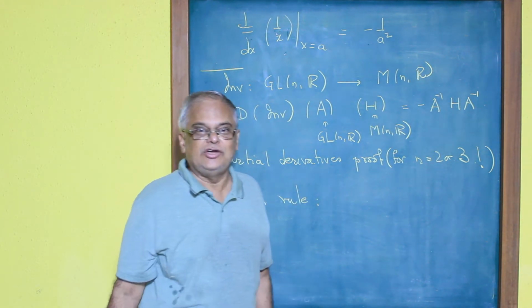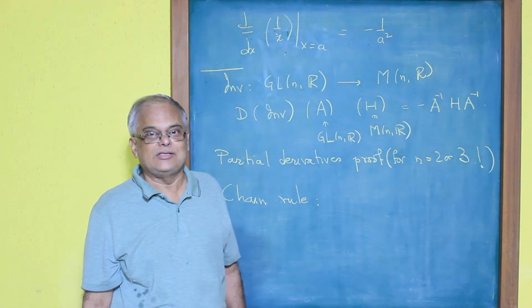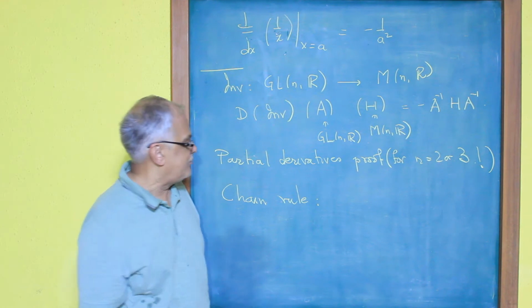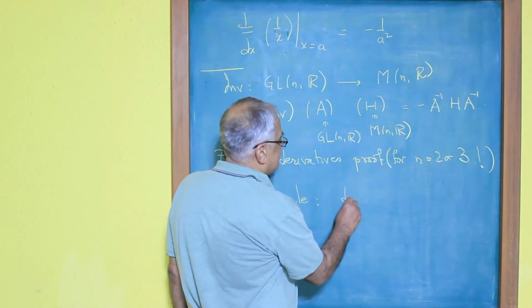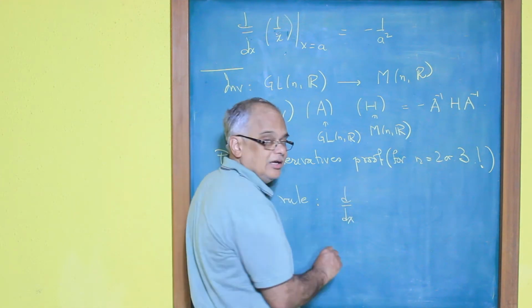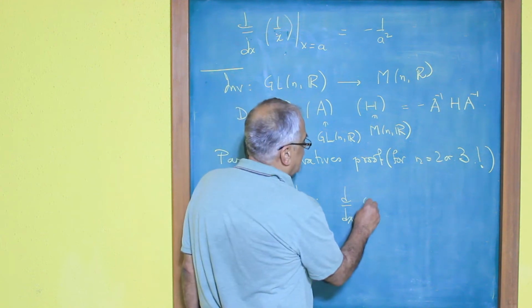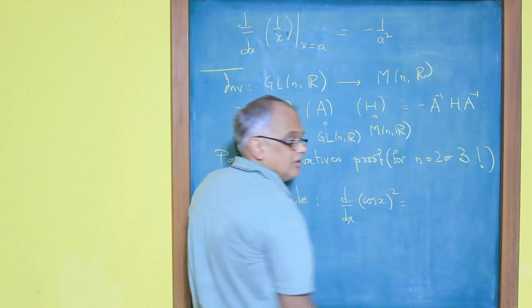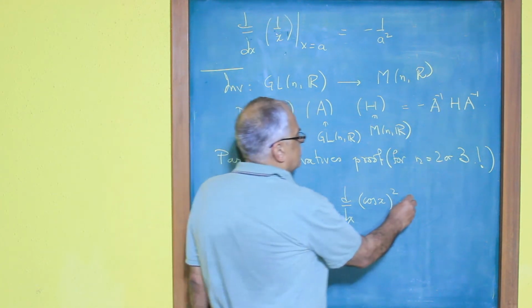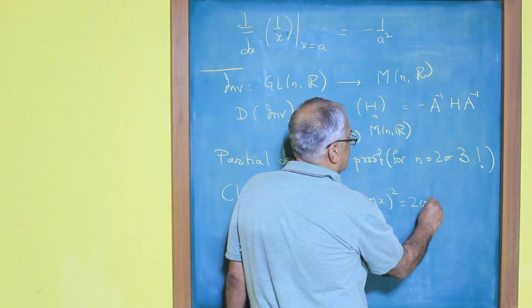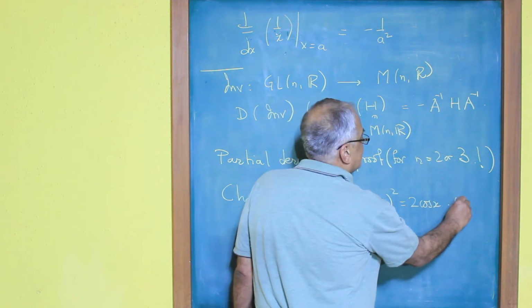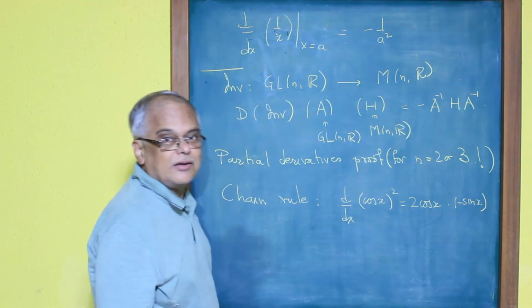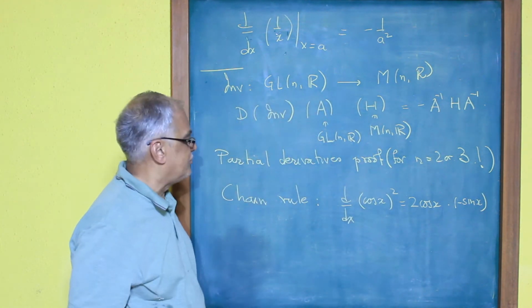And what is the chain rule? So we have all seen again, essentially in school or high school, for example, a statement which says that d by dx of cos x squared is equal to 2 times cos x times minus sin x. So I'm using a chain rule which we have all seen from school days.